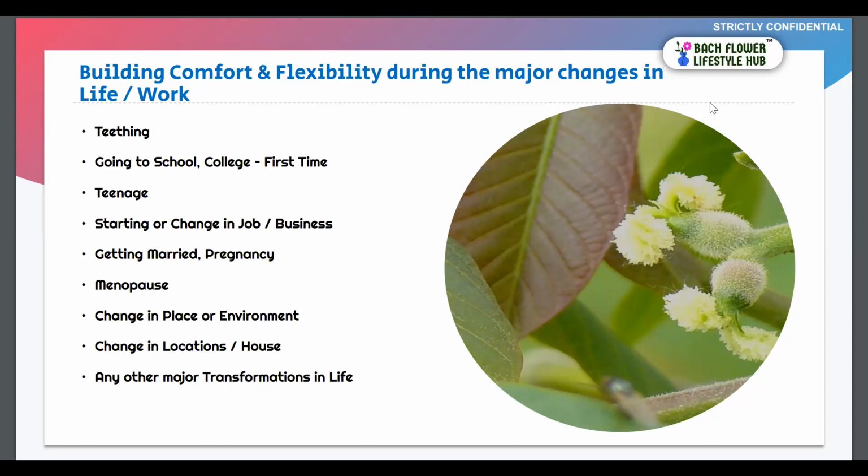We can take some sample events in our life: teething for small kids, going to school, going to college for the first time. Definitely these are major changes in our life. Teenage is a transition from childhood to teenage to old age.